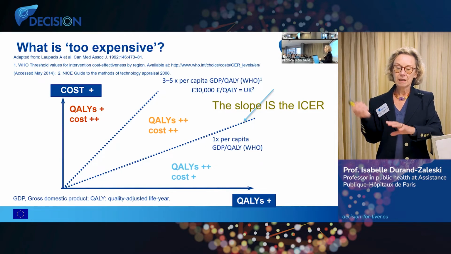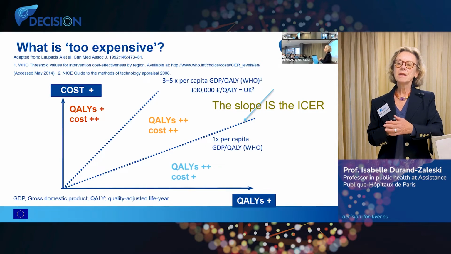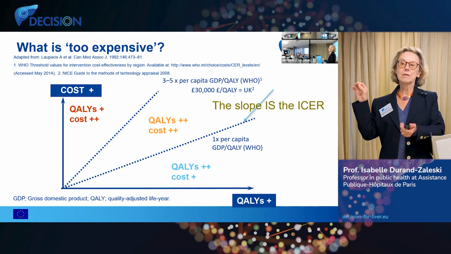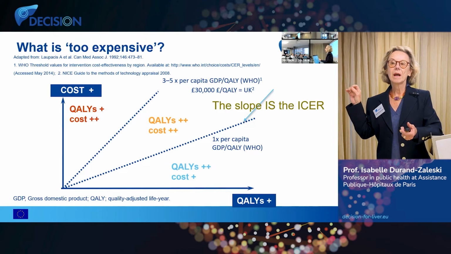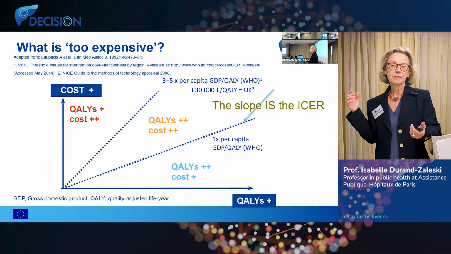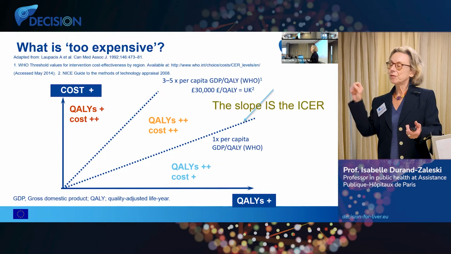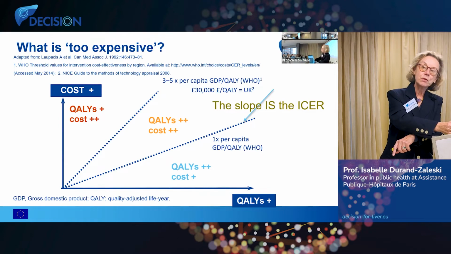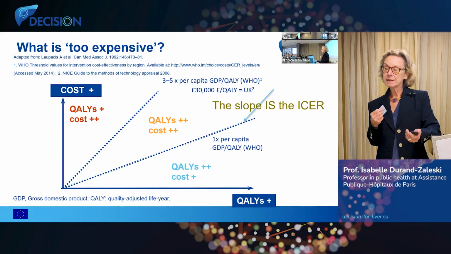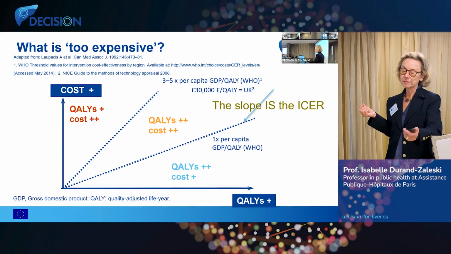If you look at this part of the plane, when I plot the gain in health on the horizontal axis and the additional cost on the vertical axis, I have the coordinates of a point, and this is the point estimate for my result, the economic evaluation. Now, when I draw a line from the origin to that point, the slope is exactly what I'm looking for. It is the incremental cost-effectiveness ratio.